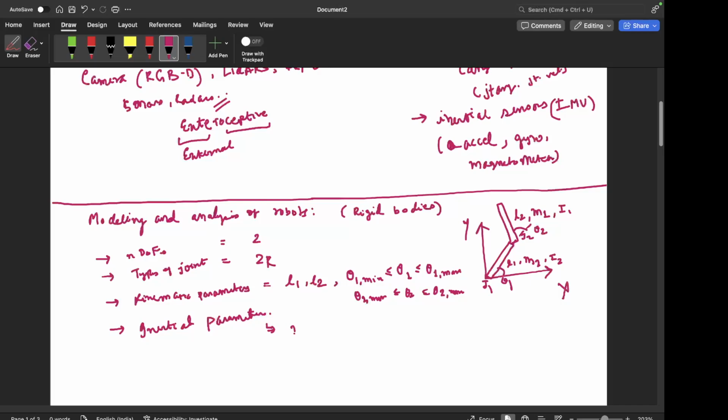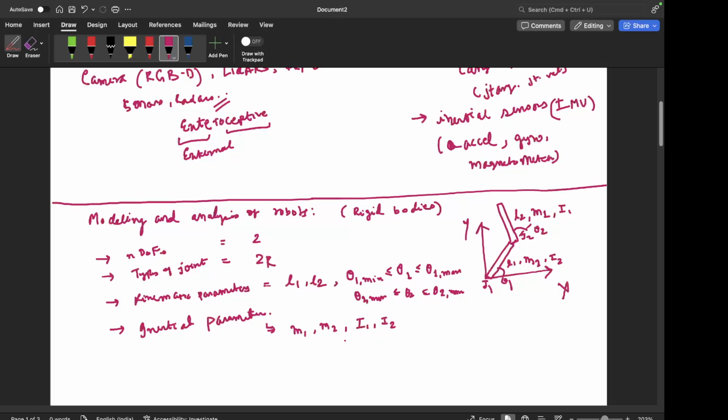Inertial parameters are something related to the equations of motion. Think of Newton's law and Euler's law and the parameters that occur in those equations. So basically masses and inertias.